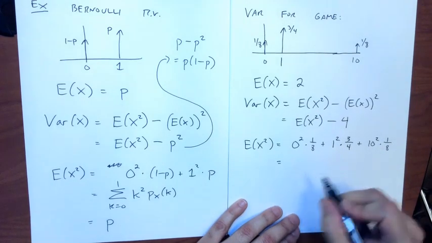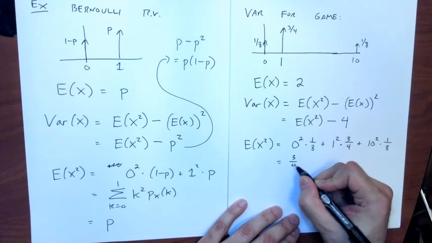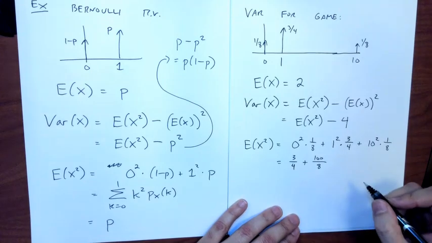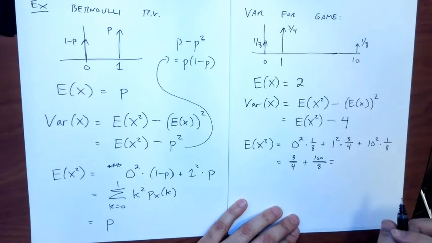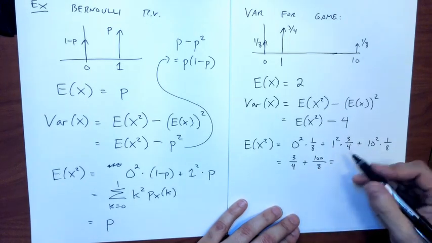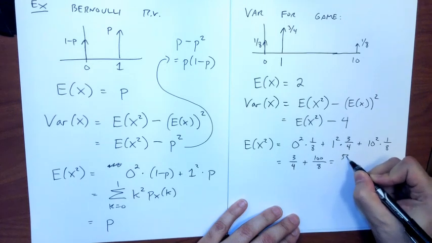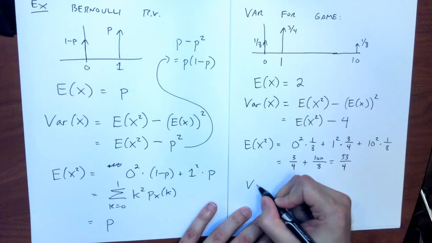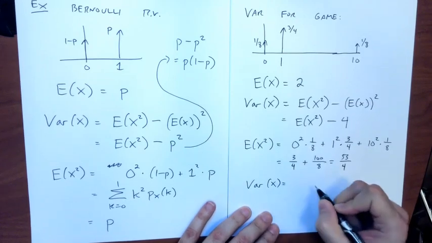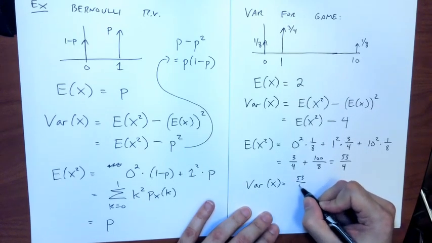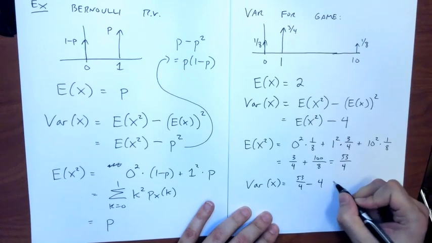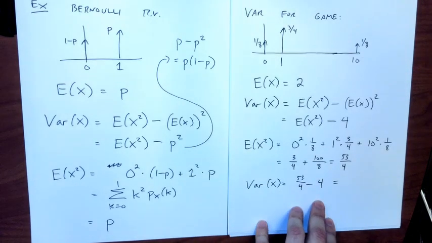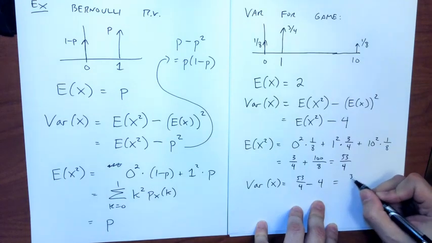So I get 0 plus 3/4 plus 100 over 8, which is 53 over 4. And then my variance of x is going to be this thing minus 4, which is 53 minus 16 over 4, which is 37 over 4.